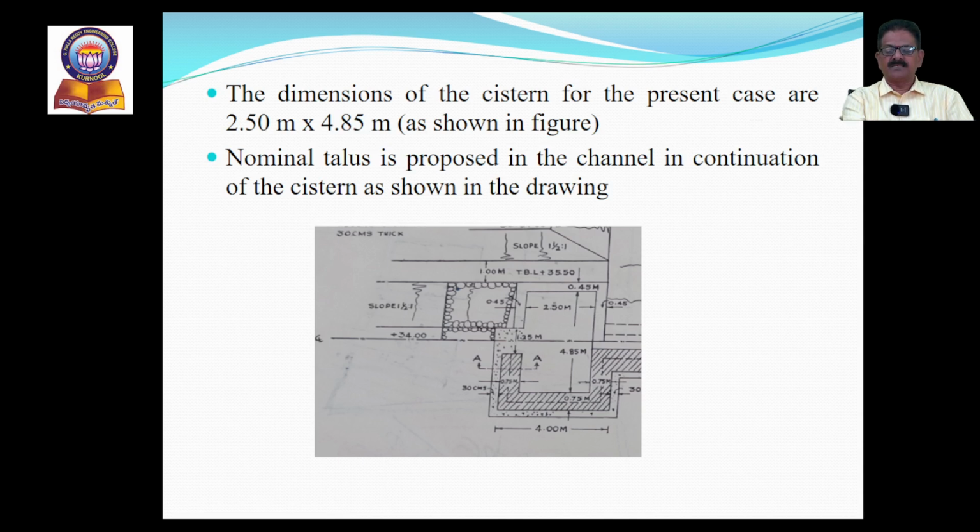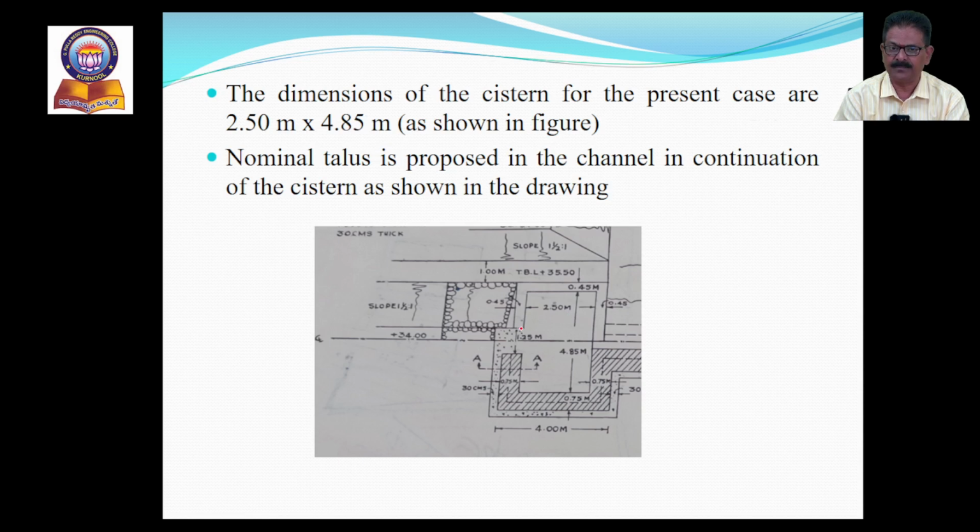See, this is the diagram of the cistern. The dimensions of the cistern for the present case are 2.5 meters by 4.85 meters. As shown in this figure, parallel to the barrel the dimension of the cistern is 2.5 meters, whereas perpendicular, or at right angle, to the barrel direction it is 4.85 meters.